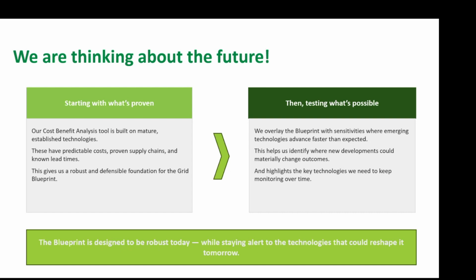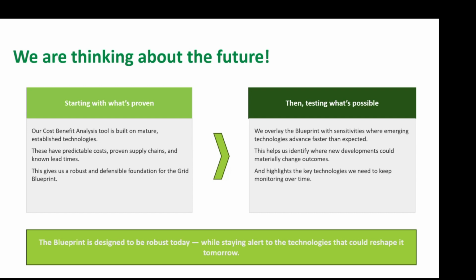Cool. Well, to wrap it up, we just wanted to frame it a little bit around how we're thinking about the future, and particularly how we're thinking about future technology. So when we publish our blueprint, once we've determined what that blueprint looks like, what you'll see is that what's been run through the cost benefit analysis, the options that we've looked at, will be built on these mature, established technologies.